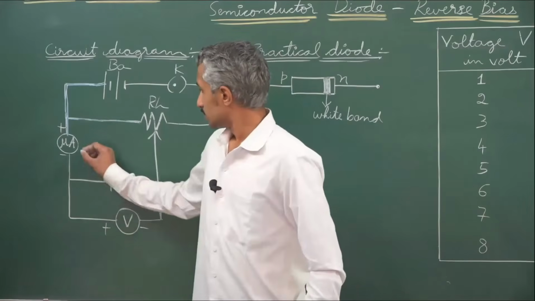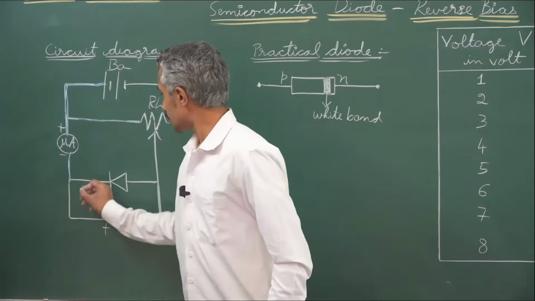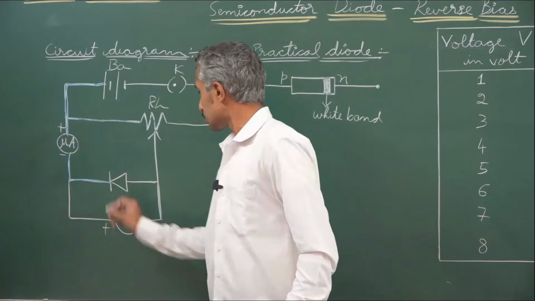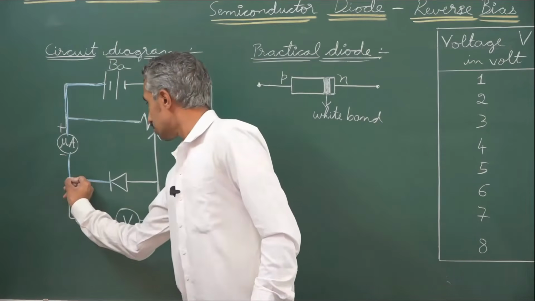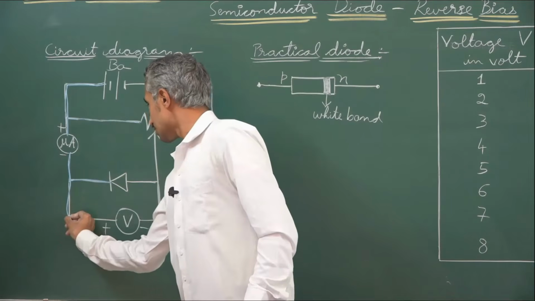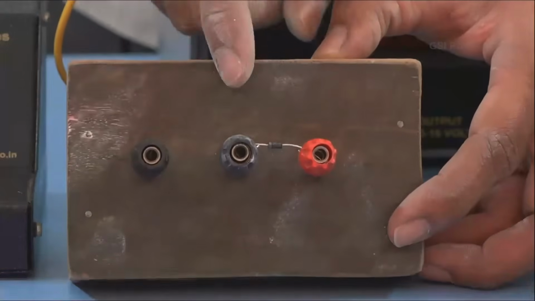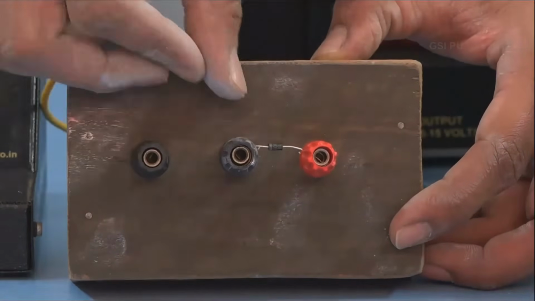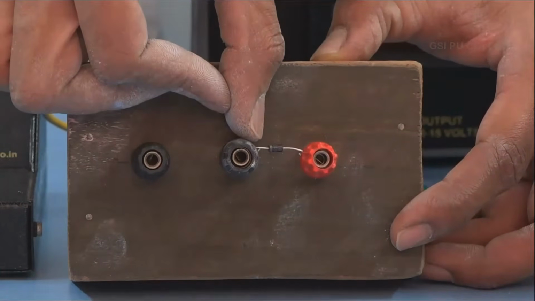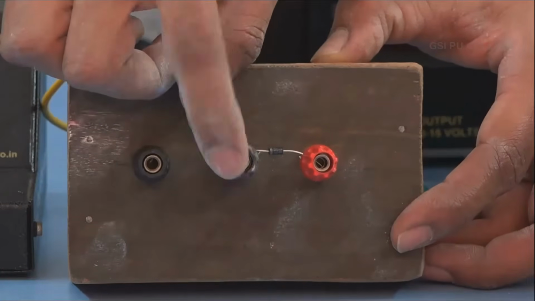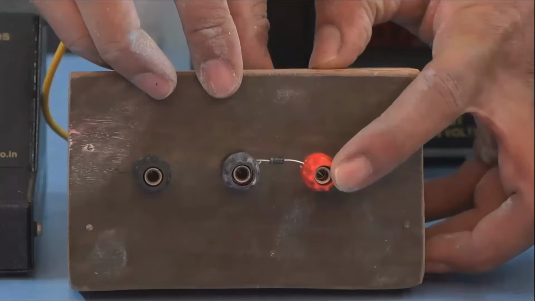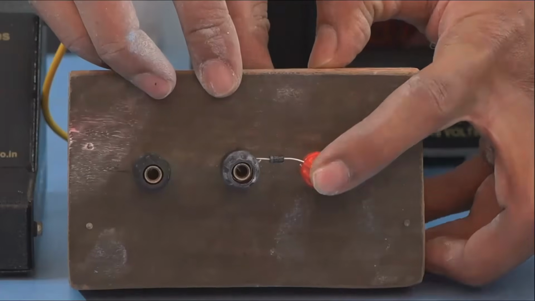Next, now from negative of ammeter to N type of the diode, also the same negative of ammeter goes to positive of the voltmeter. If you observe the diode here, we have a white band on one side.